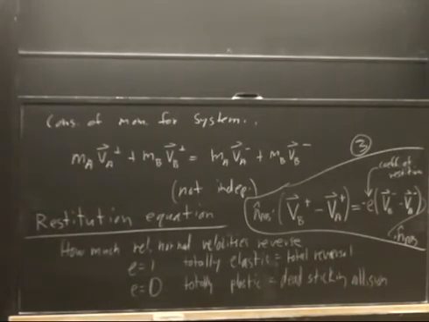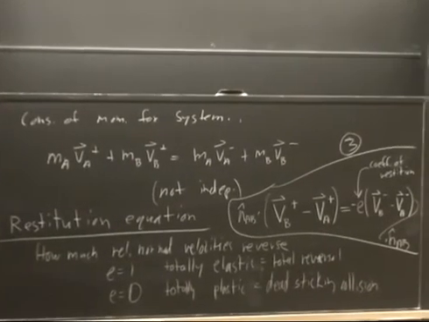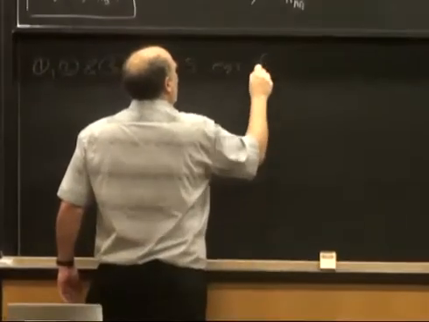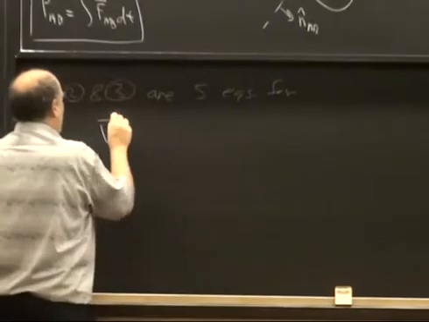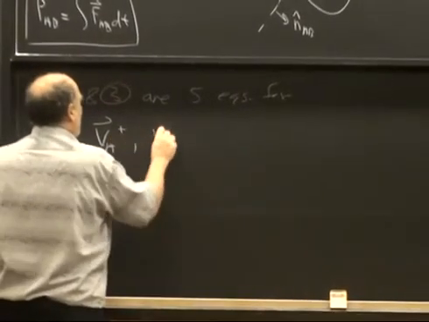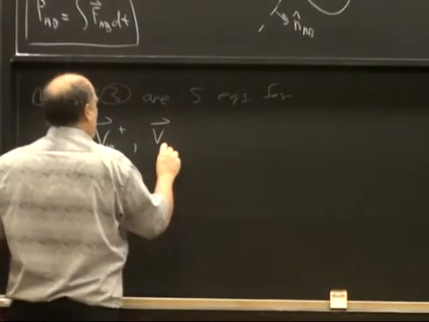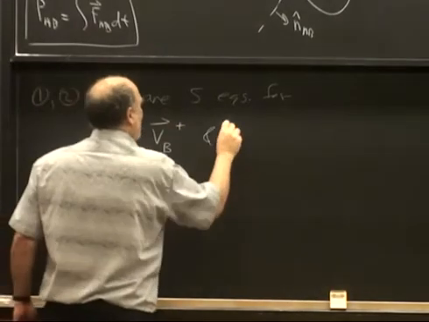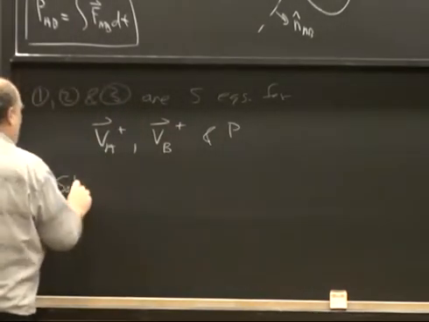So equations 1, 2, and 3 are 5 equations for V A plus V B plus and P. And then you solve any way you want.